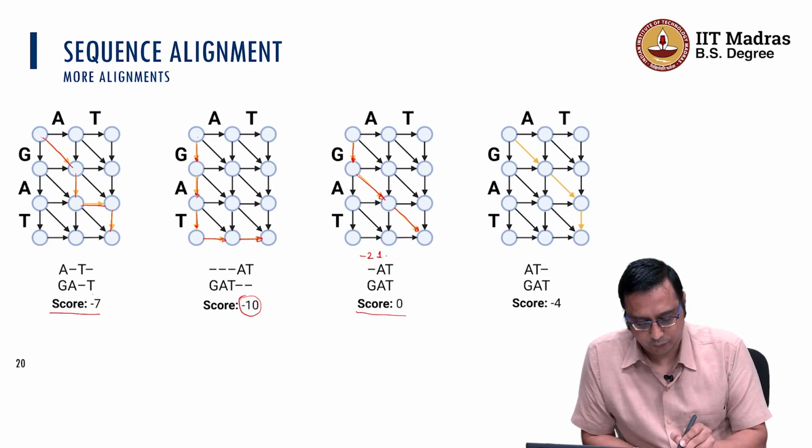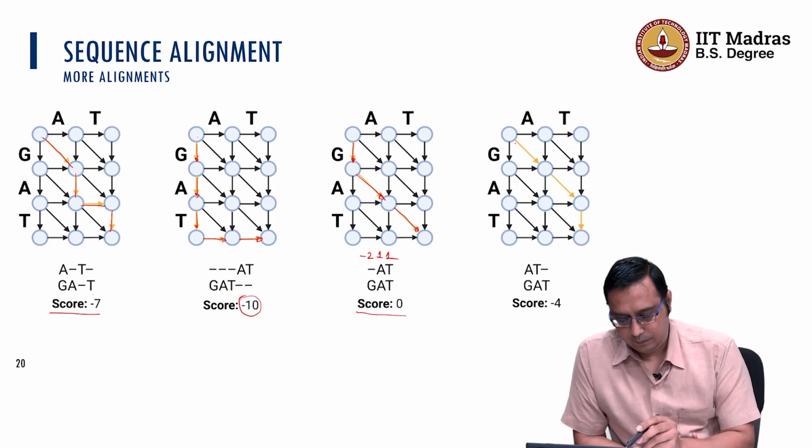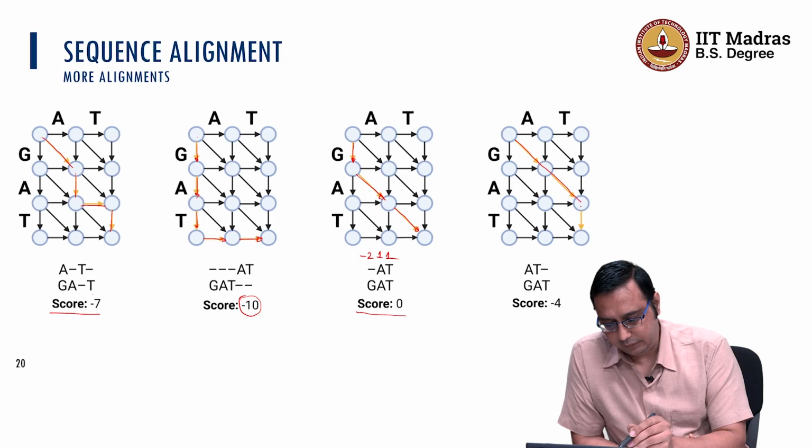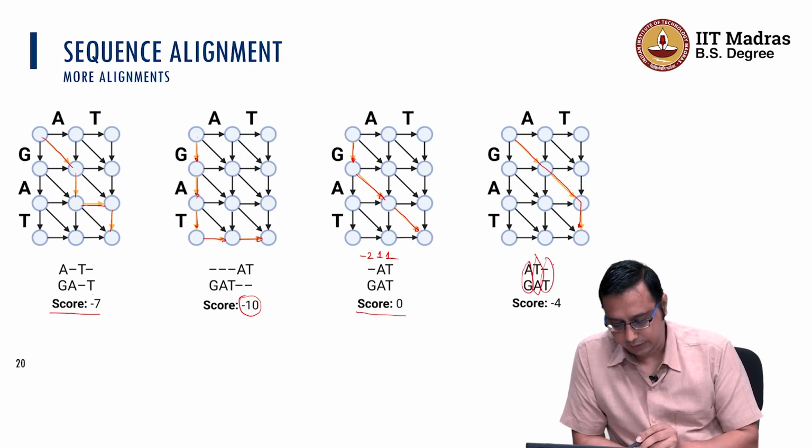Remember, -2 for a gap, positive for a match. Similarly, I can take a diagonal, and in this one the score is -4 because I have a mismatch and a gap.